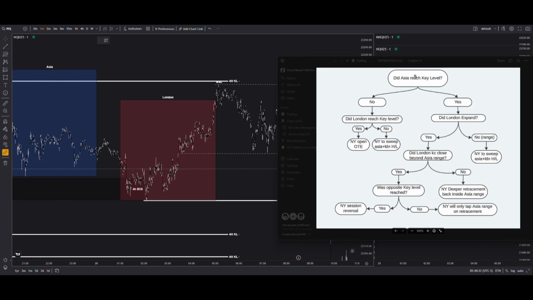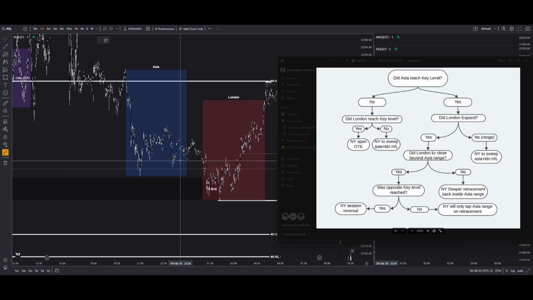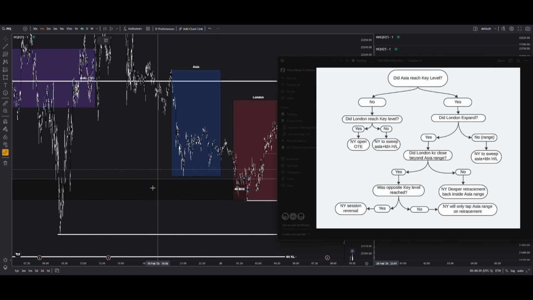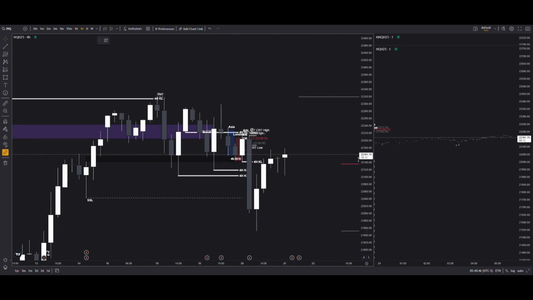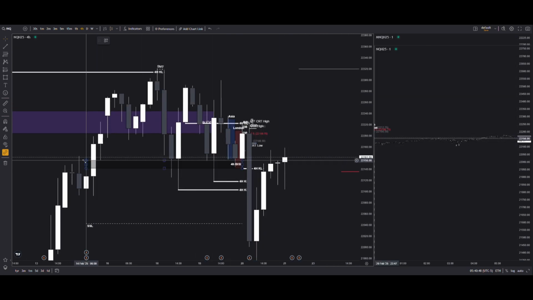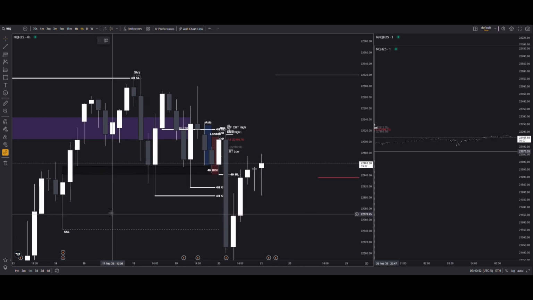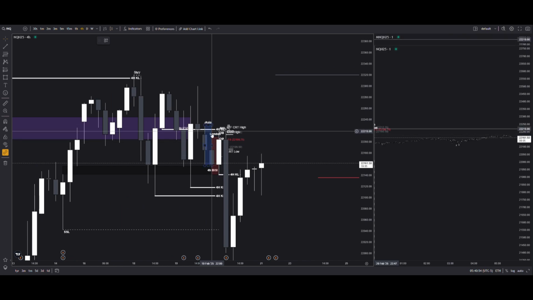See this? Did Asia reach a key level? Well, no. We did not reach any key level. There was no key level here. If we look on the 4-hour, no key level. This is not a 4-hour order block. I'm not tapping into any FVG, no liquidity. Okay, Asia did not tap into a key level.